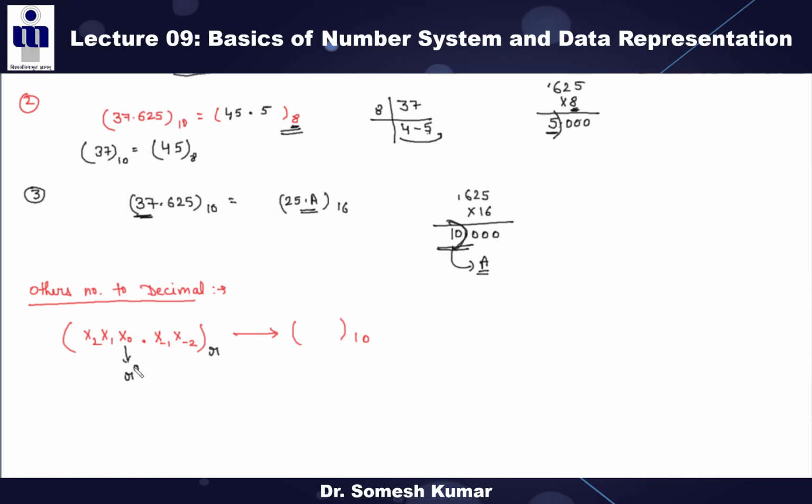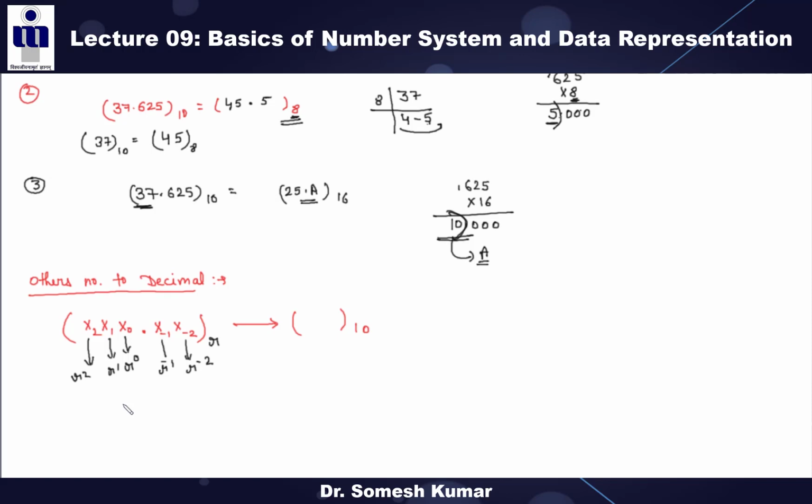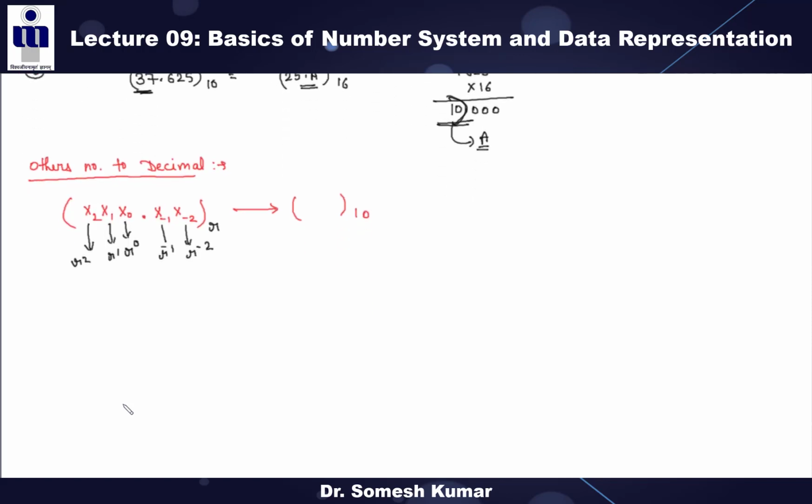So this is R0. This position is R1. You know this position is R2. And this position is R minus 1. This position is R minus 2, right? So for this, you have to multiply this R0 with X0 plus R1 with X1 plus R2 with X2, right?